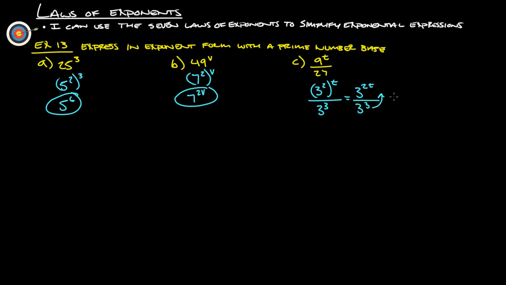We want to bring that up here to simplify it, so that's really going to turn into 3 to the 2t times 3 to the negative third, and then we simply just add those exponents together, and that gives us 3 to the 2t minus 3.